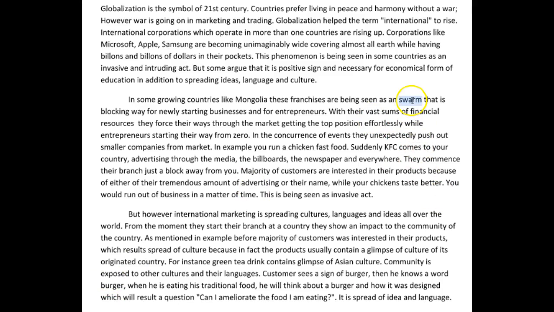So less imagery as well. Let's talk objectively. We don't want to compare things to metaphorical references. We want to make sure that we don't refer to our reader, no personal pronouns whatsoever.